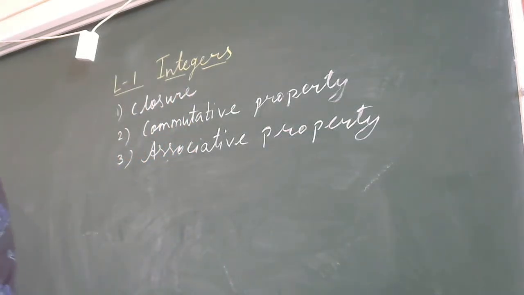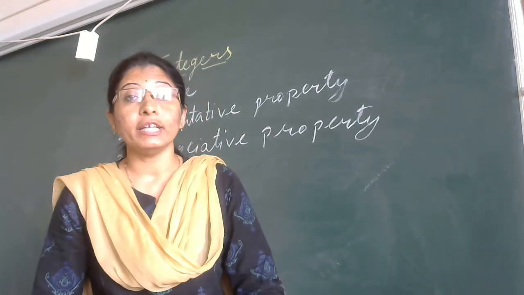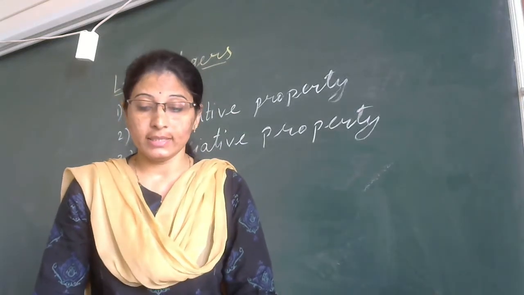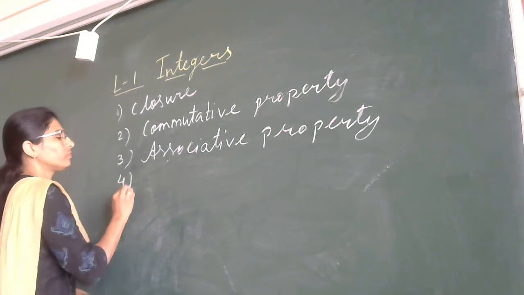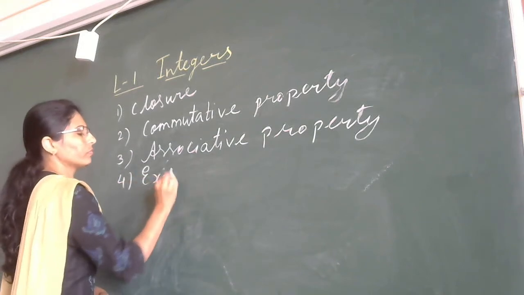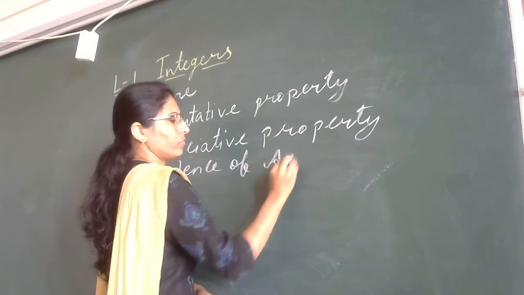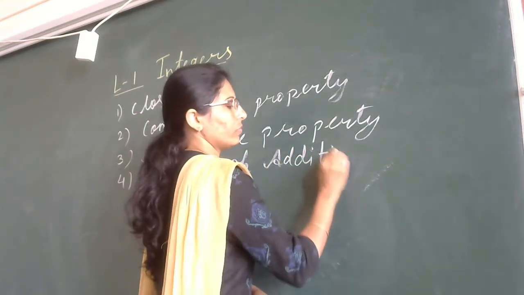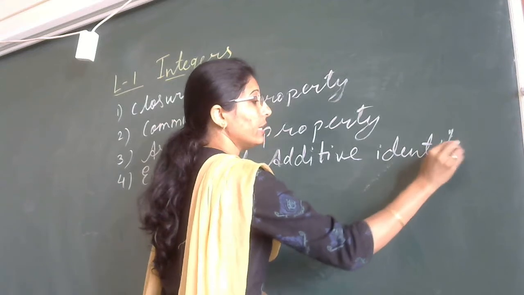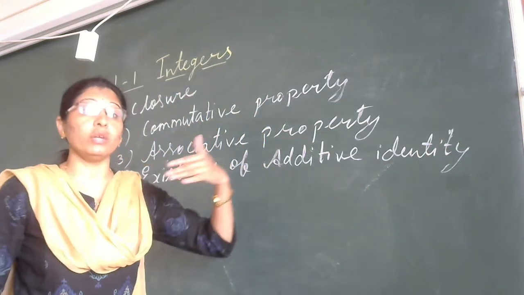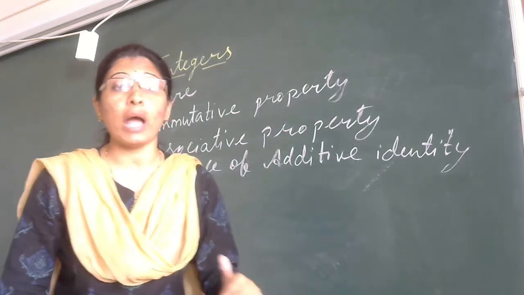Next is the existence of additive identity, and after that the existence of additive inverse. So first we have to see the existence of additive identity.